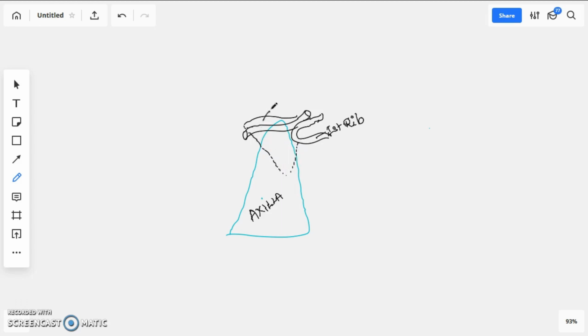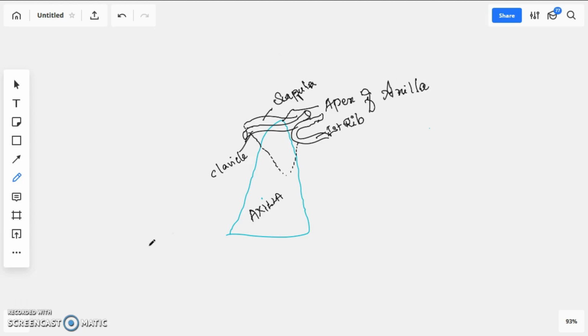So the scapula is going to form the posterior boundary for the apex of the axilla, the anterior boundary is formed by the clavicle, and the medial boundary is formed by the first rib. So we have talked about the apex of the axilla. I think you people are clear with the boundaries of the apex of the axilla.